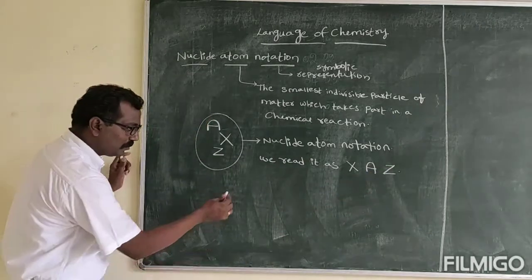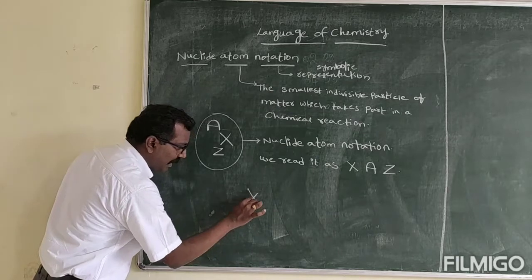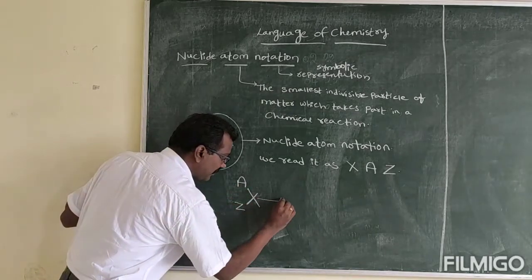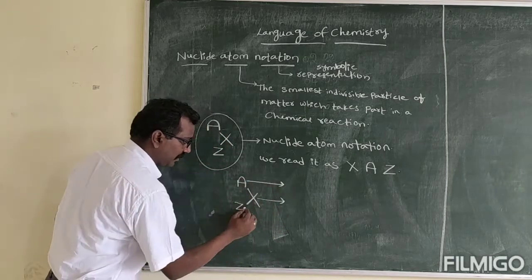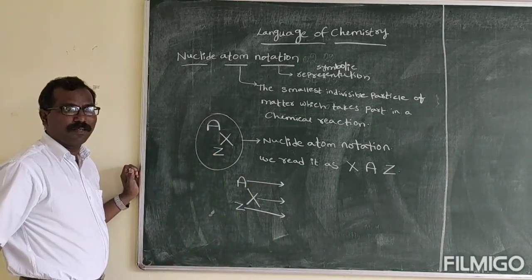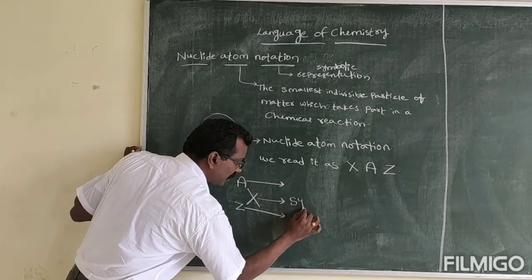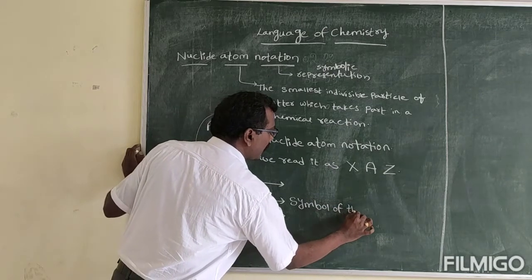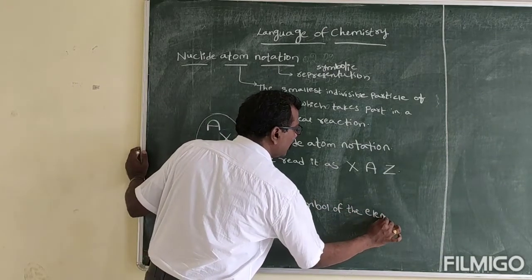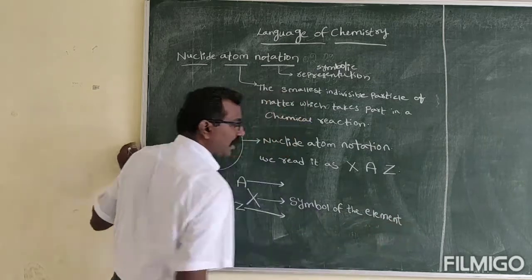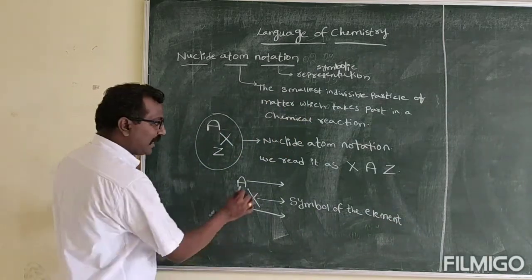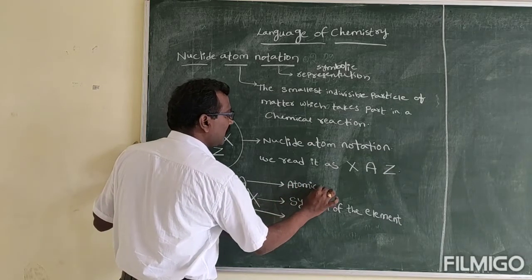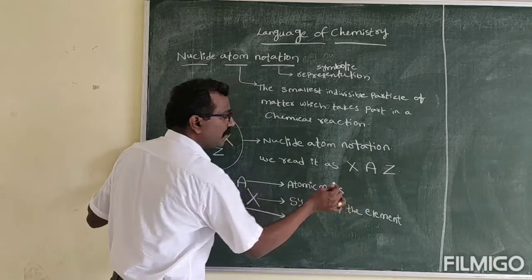Okay. Now X A Z. What is X and what is A and what is Z? X represents symbol of the element. A represents atomic mass.